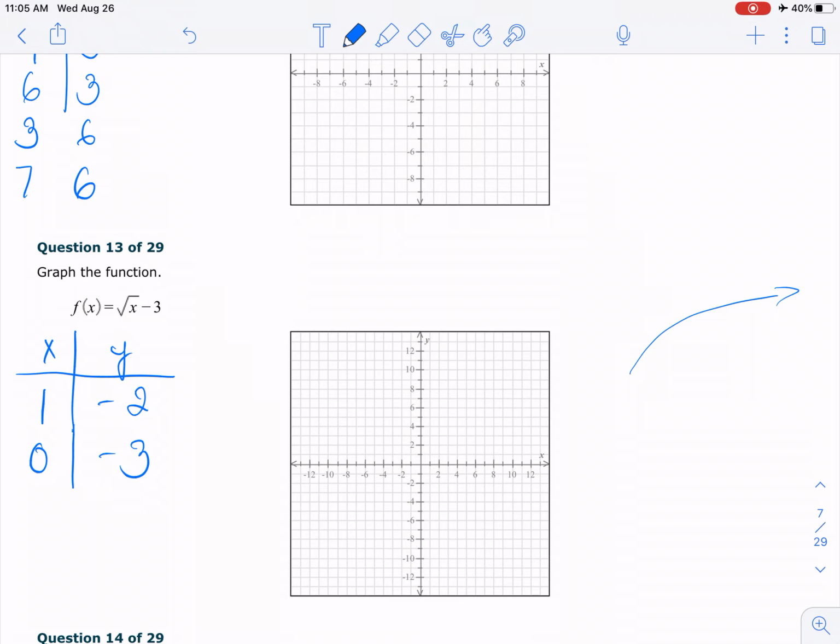Usually, if I have the square root function, I pick the perfect square, make it easy for me. So when you take square root of 4, you get 2. 2 minus 3 is -1.